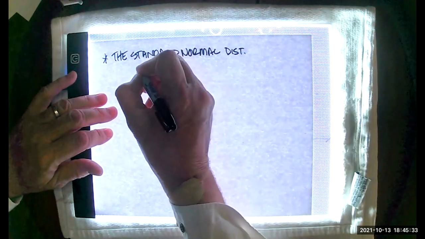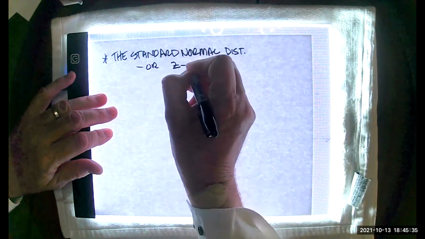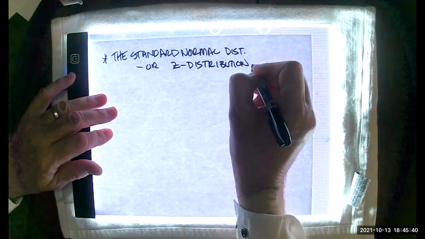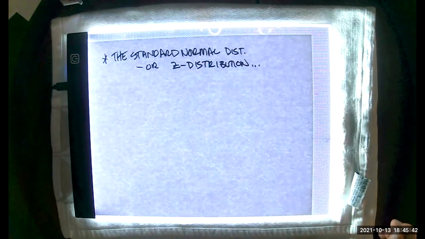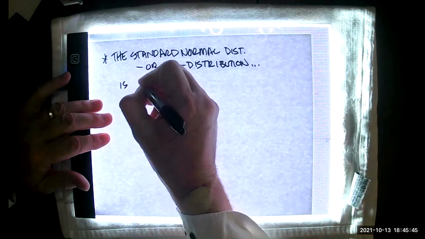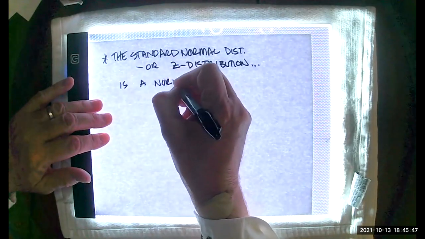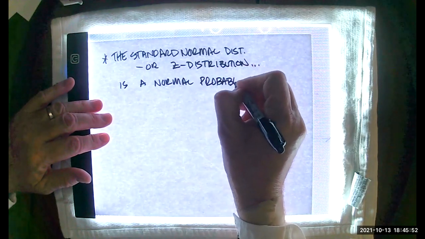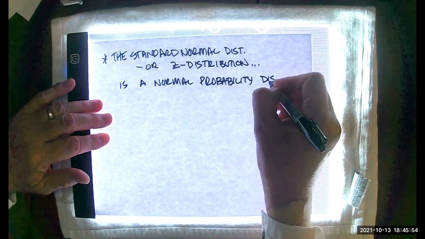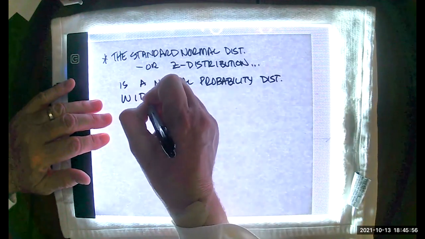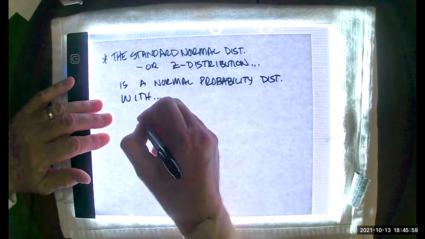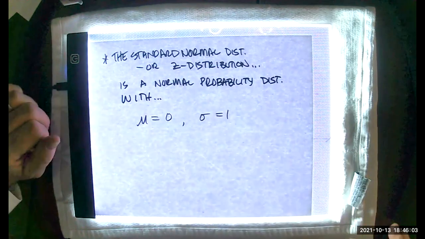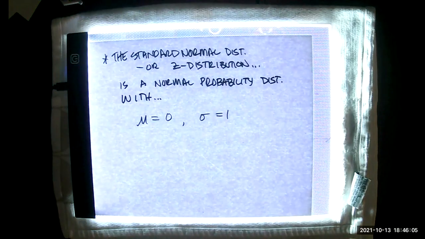So the standard normal distribution, or the Z distribution, is a normal distribution with the following parameters: a mean of 0 and a standard deviation of 1.